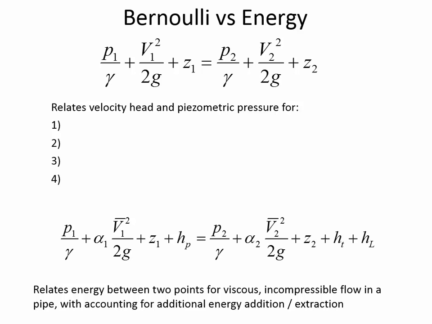So that's why the bar is there, average velocity. Alpha is a kinetic energy correction factor. And I've got a slide that goes into more details about that in just a minute. We'll talk about the kinetic energy correction factor. Z1 is the same. H sub P is a pump head term.